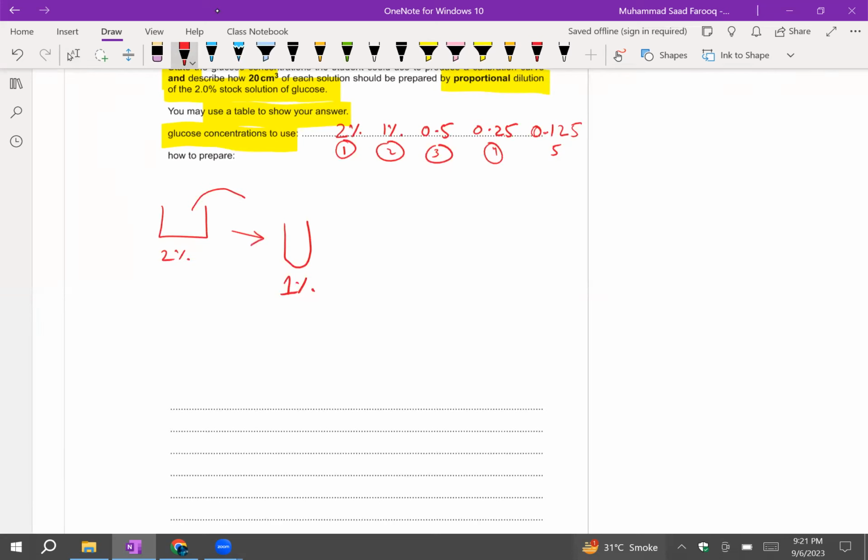So take 10 ml of this 2% stock solution and add 10 ml of water to it. So this is 1%. Now take another tube, take 10 ml of this 1% in here and add 10 ml of water. Now this will make it 0.5%, and so on. This is how you can make these 5 concentrations.